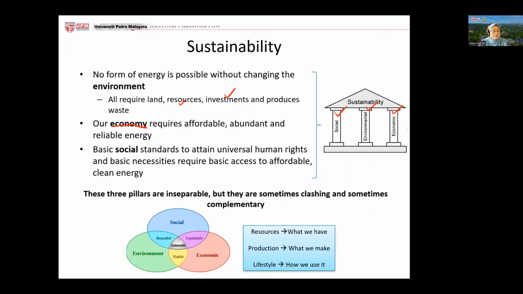Lastly is social. Basic social standards to attain universal human rights and basic necessities require basic access to affordable clean energy. So this is what we're talking about in the UN SDGs, clean energy. One of the goals is access to energy, because if you remember the previous slide, the people in lower income countries are people as well. What's the difference between them and the people from higher income countries?